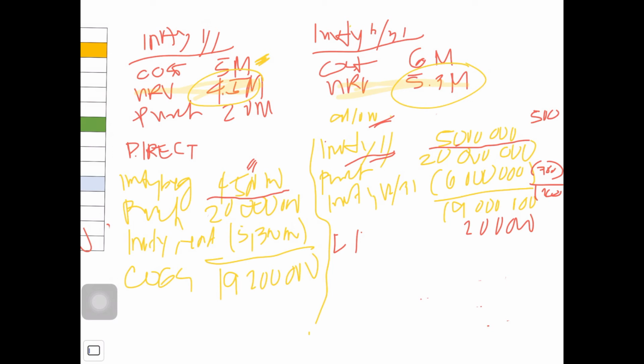So that is the reason why if it is a loss, we add it. So we now have 19,200,000 as our cost of goods sold. Observe that whether direct or allowance method, your cost of goods sold would still be the same: 19,200, 19,200.